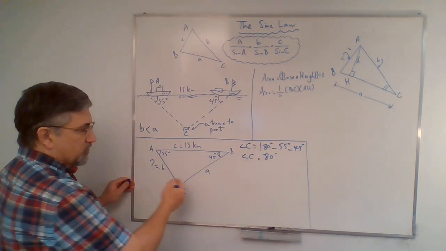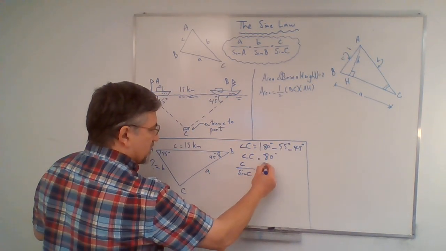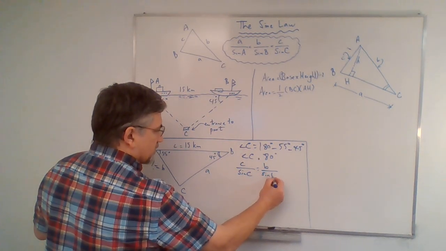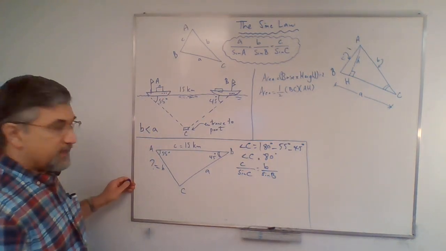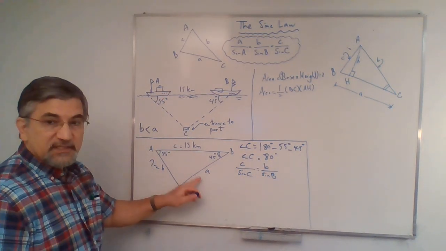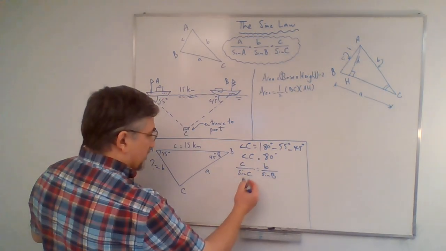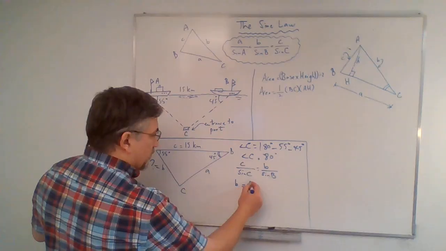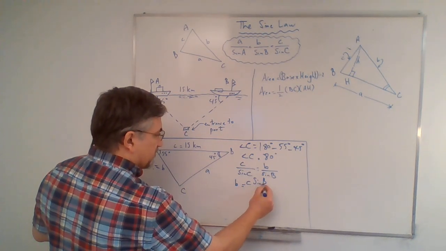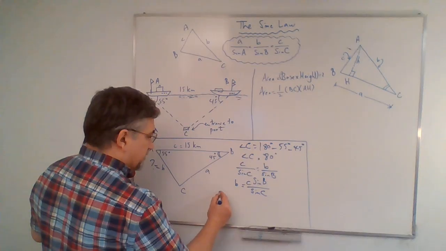Now that we know angle C is 80 degrees, we say c over sine C equals b over sine B. I could have written a over sine A, but that's when I want to find side A. Here we want to find side B clearly. So B equals c times sine of B over sine of C by using cross multiplication.